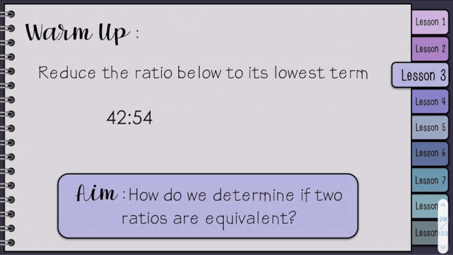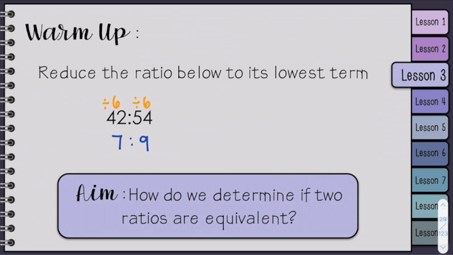If you divide 42 and 54 by 6, which is possible, you're going to get 7 to 9. So again, we're dividing 54 by 6 and dividing 42 by 6. And that's how we get it to its lowest terms, and 7 to 9 can't be simplified.